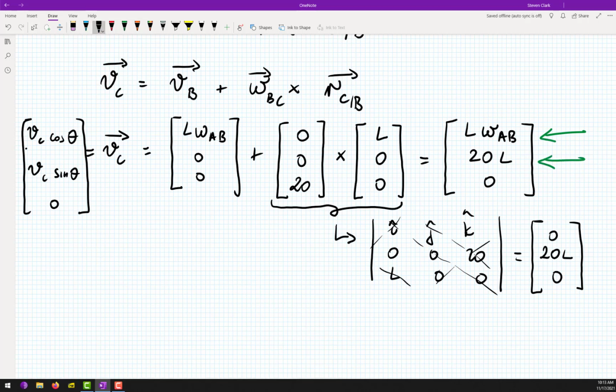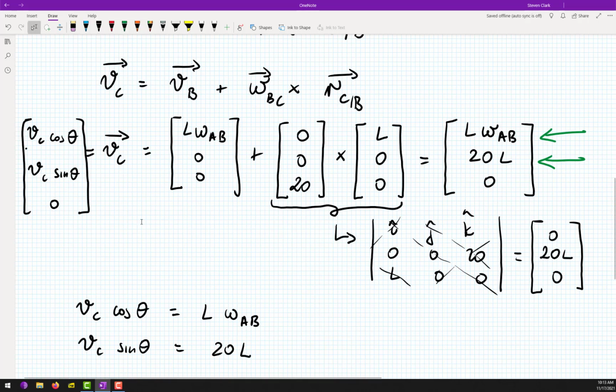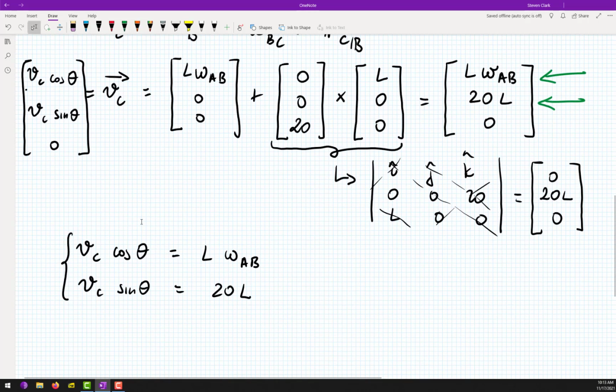So we can write VC cosine theta is equal to L omega AB, and also VC sine theta is equal to 20L. We have two equations and two unknowns, by the way, because VC and omega AB are not known. Solvable. Okay, so let's solve it.